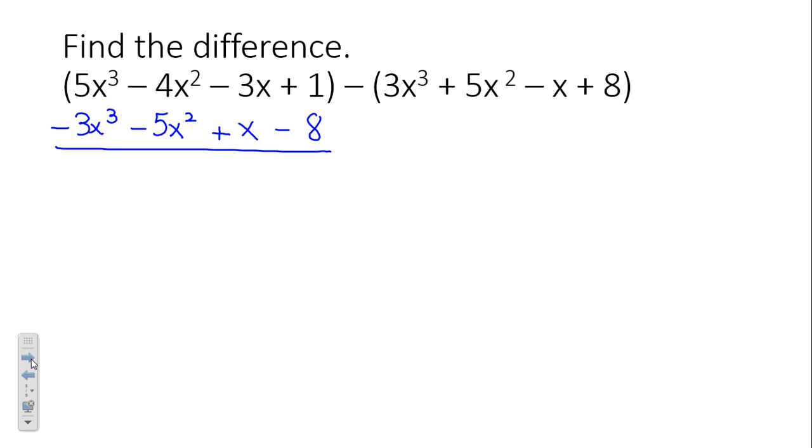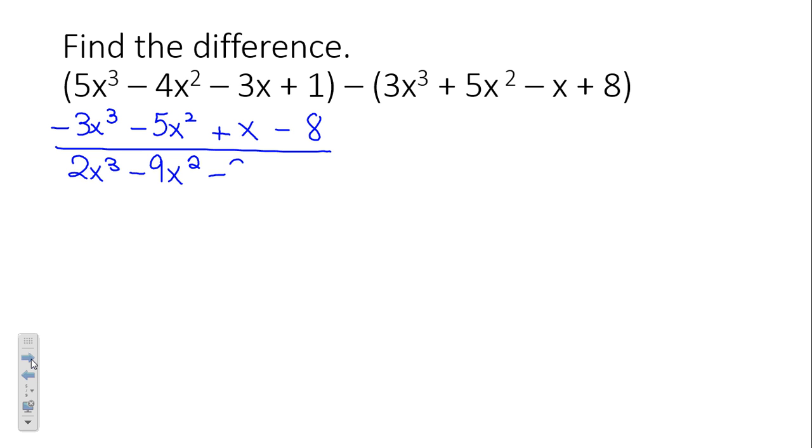So 5x cubed minus 3x cubed, 2x cubed. Negative 4x squared and a negative 5x squared. Negative 9x squared. We just add the numbers. They're both negative. Give them the negative sign. The x squared stays the same. Negative 3x and a positive x.